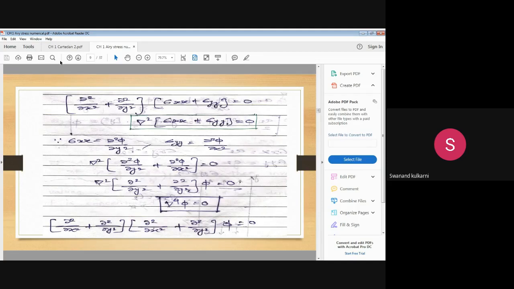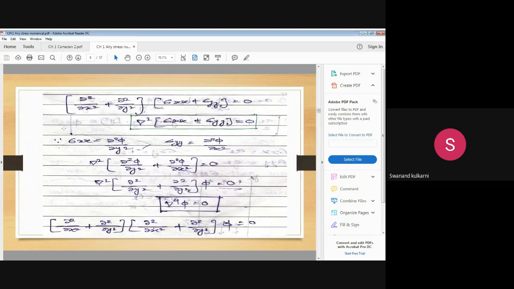If we have derived this, then that is nothing but the concept of the Airy stress function, because the Airy stress function also defines the same term: del square (σxx plus σyy) is equal to 0.